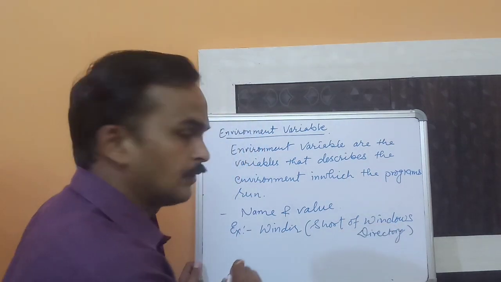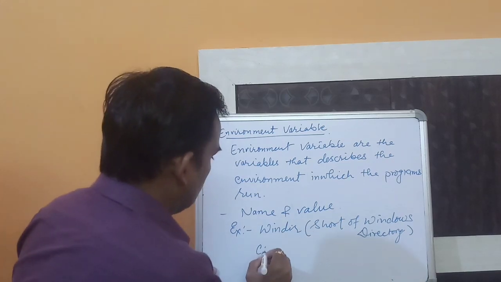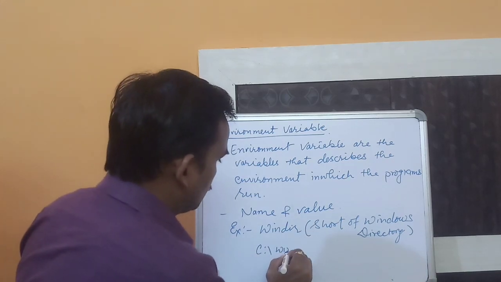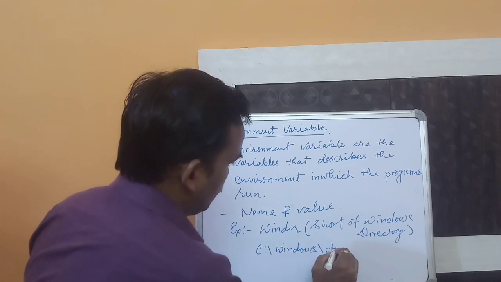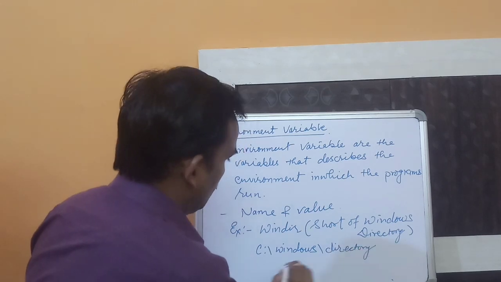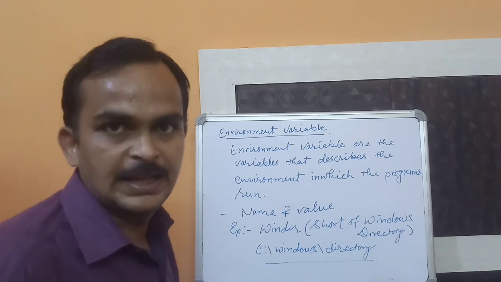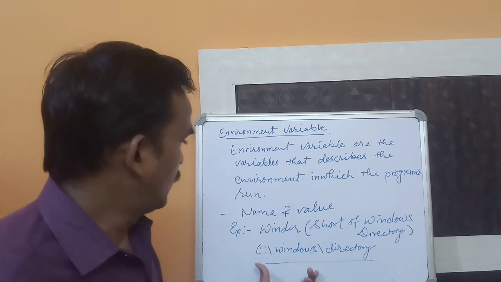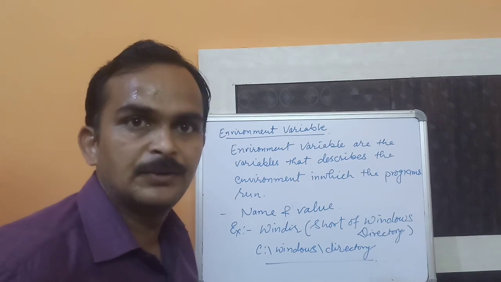So how can we declare it in the environment variable? Like C:/Windows. So this is the path of the Windows directory. Like that we can set the path in the environment variable.